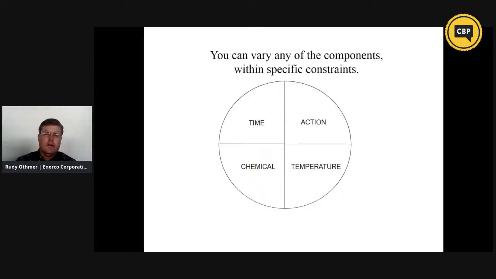Now it's hard to draw 8 of them on the same little pie chart, but for a complete circle of cleaning, we just put these 4 on here because it's easier. You can vary some within constraints of these 8 and still get a good cleaning job.